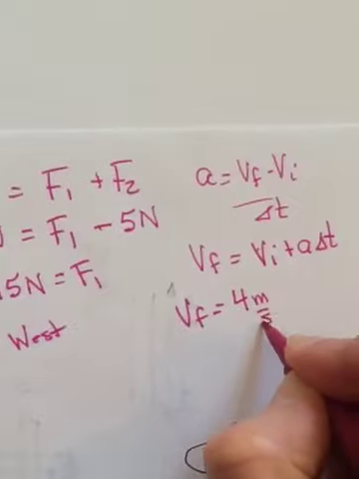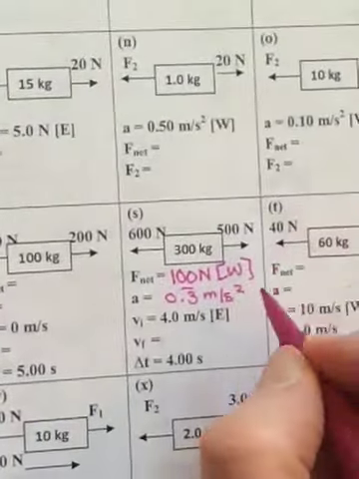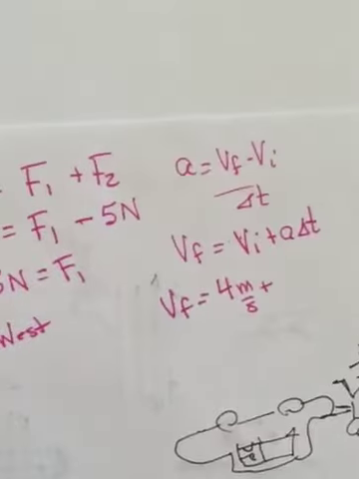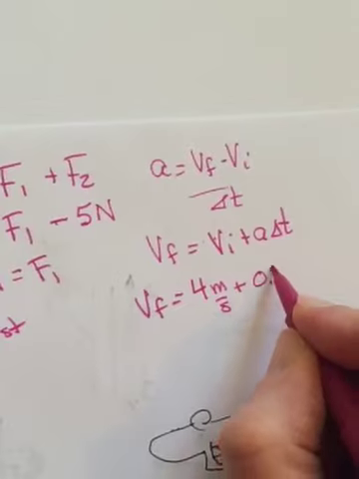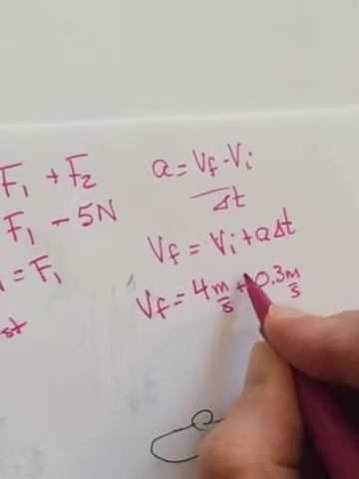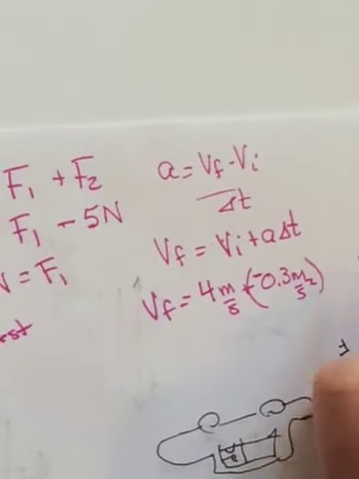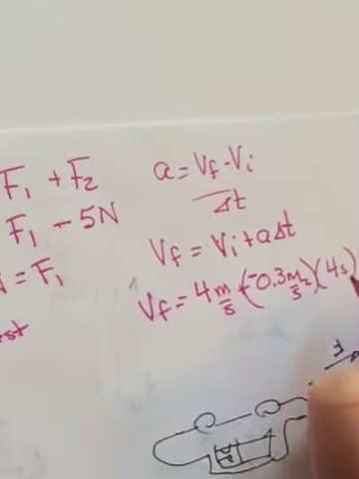So positive 4 meters per second plus, and the A, whoops, forgot to put in, it's west. So in 0.3 meters per second, but it needs to have a negative, squared, and the time it told us at the bottom was 4 seconds.